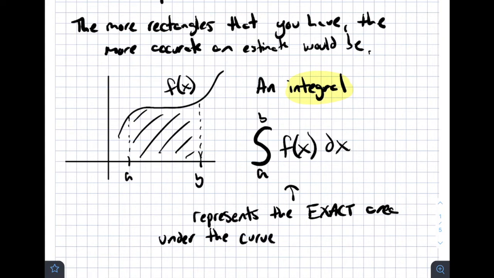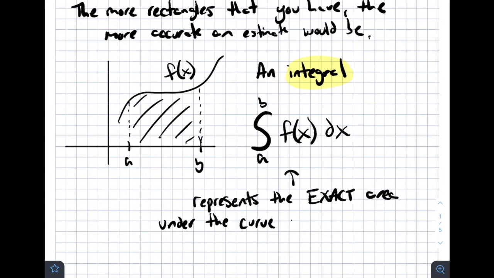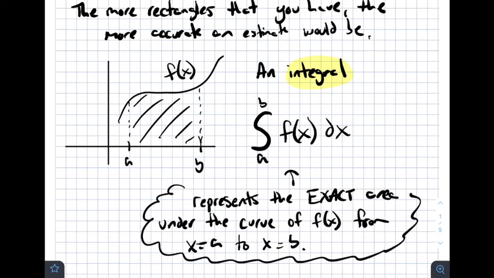Remember, we talked in a previous video that the phrase under the curve means between the curve and the x-axis. So it represents the exact area under the curve of f of x from x equals a to x equals b. Let's break down what we see in this integral.